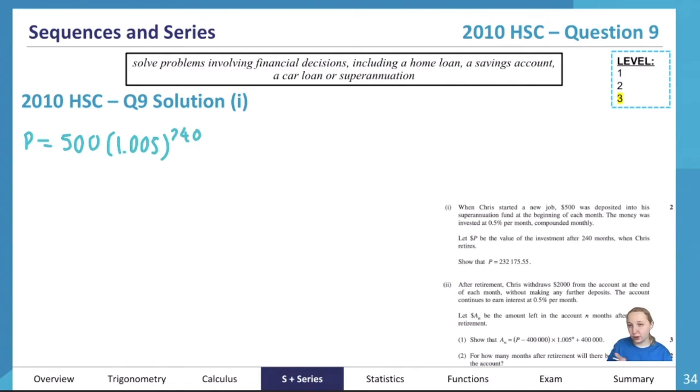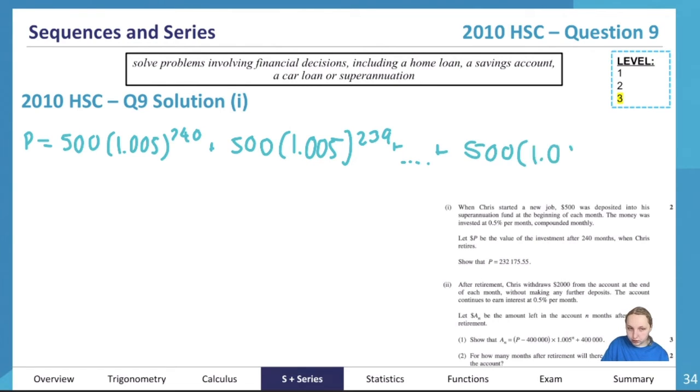Our interest is already in the same terms as our time periods, so we don't need to change that. Then we've got 500 times 1.005 to the power of 239, and everything in between, until we've got 500 times 1.005 to the 1, because we've only done it once at the very beginning.